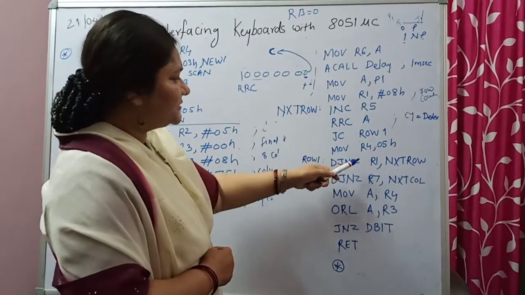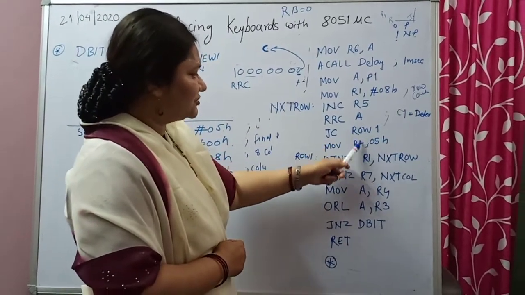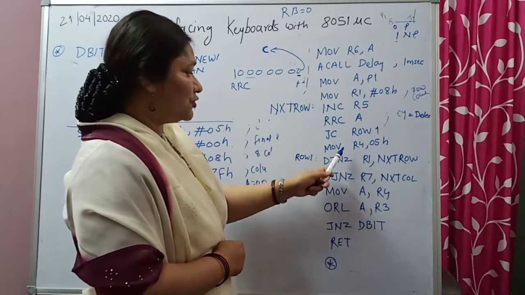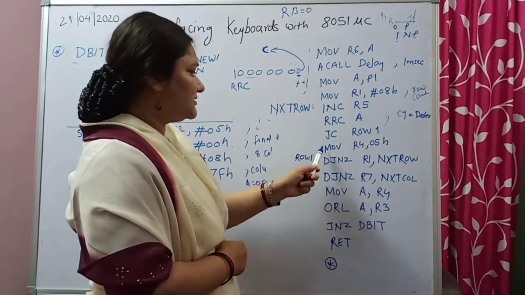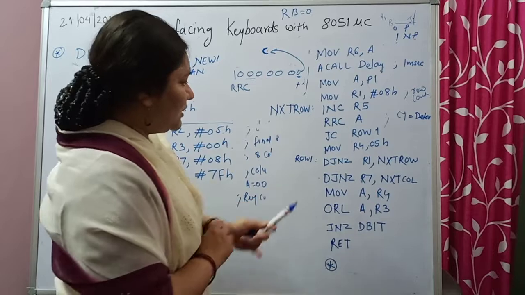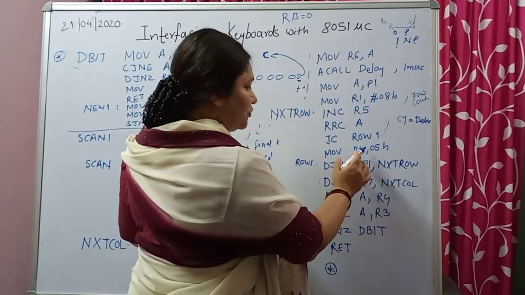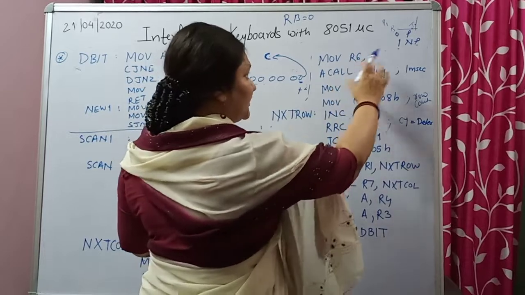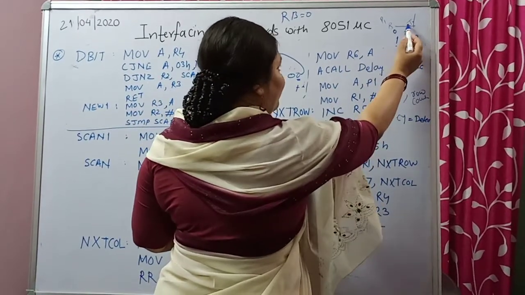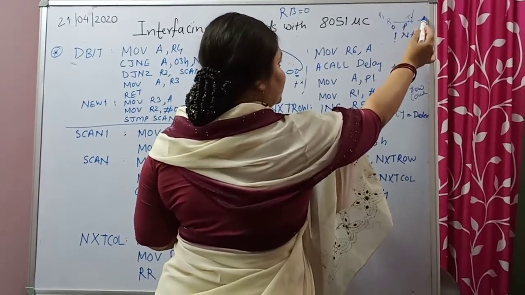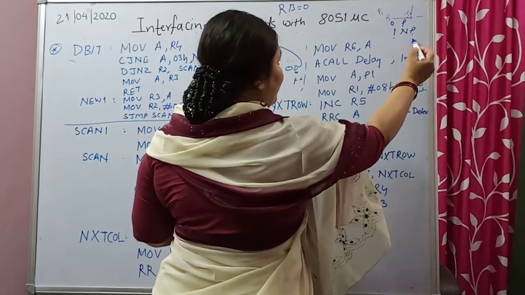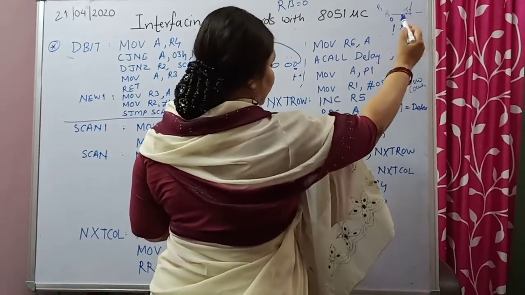So the data from R5 is moved to R4 because we found that a key is pressed. But we will not stop checking the rows. Even if I find that the key on the second row is pressed, for one scan I have to check all the 8 rows.